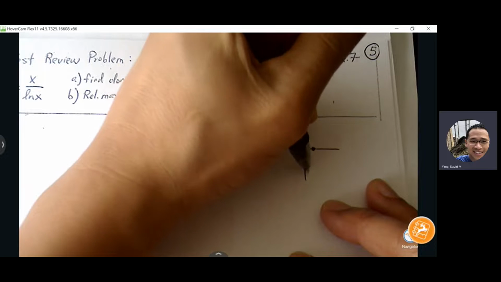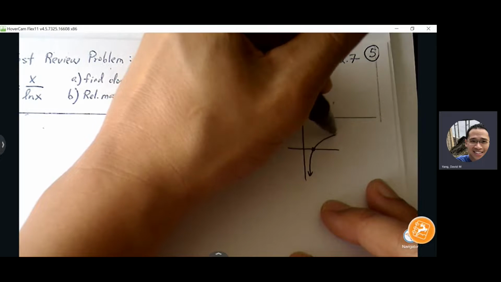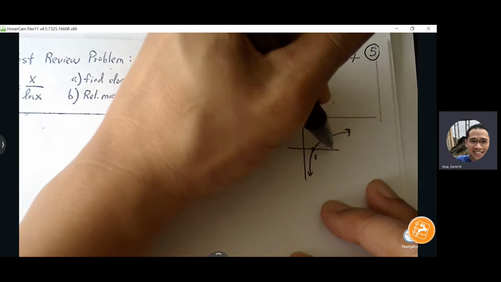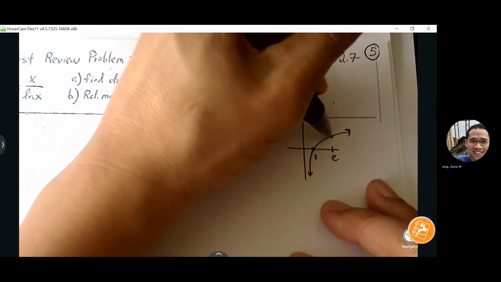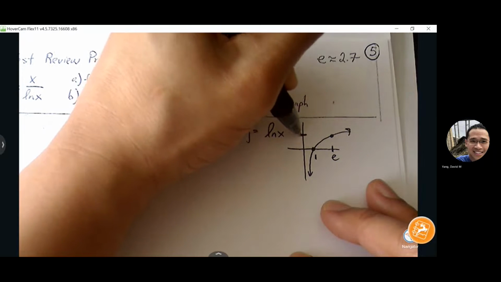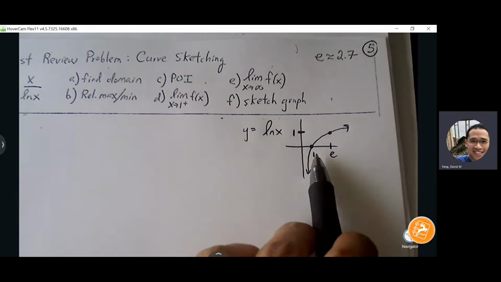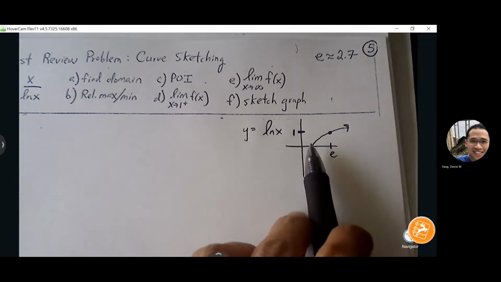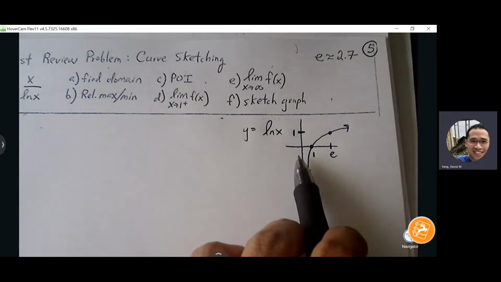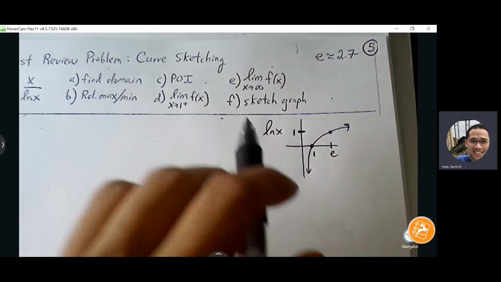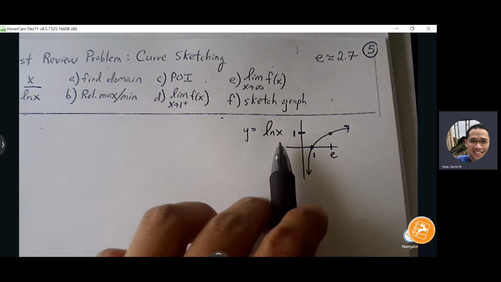There are 2 points that it's going to go through that are easy for us to identify: (1, 0) and (e, 1). We know natural log of 1 is 0. We know natural log of e is 1, and a lot of that can help us figure some things out. Now, look at the domain of natural log itself.